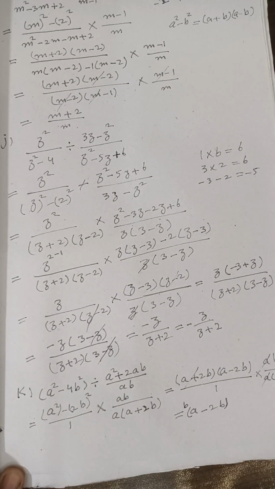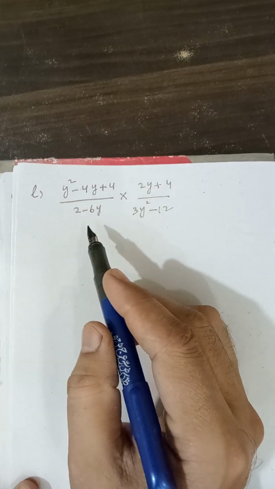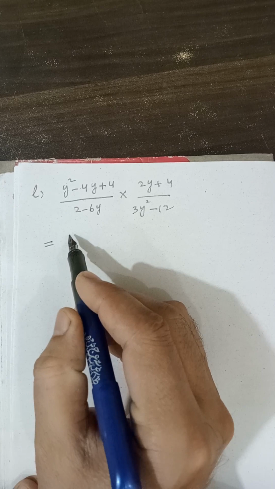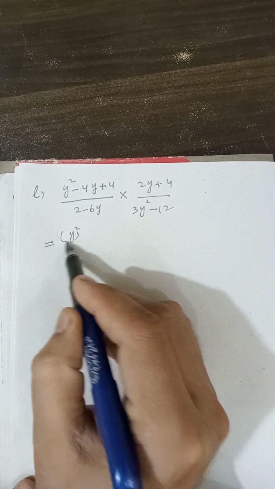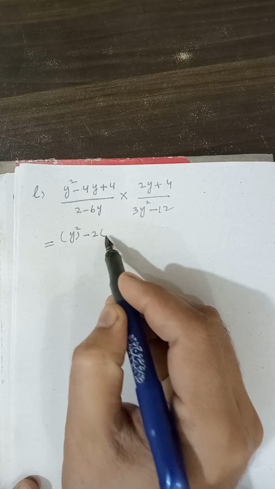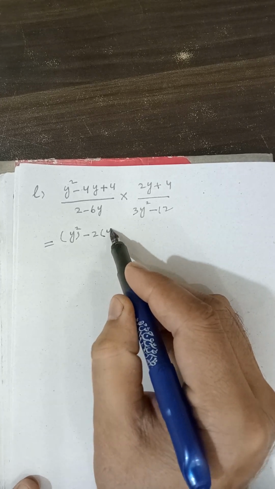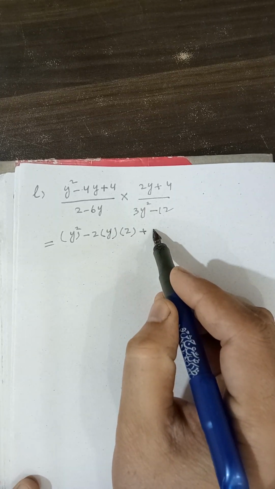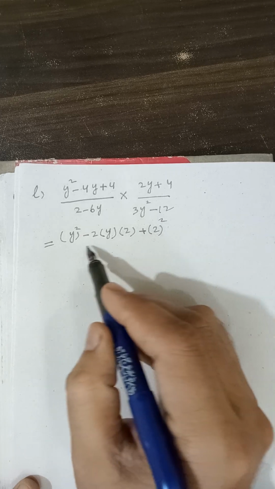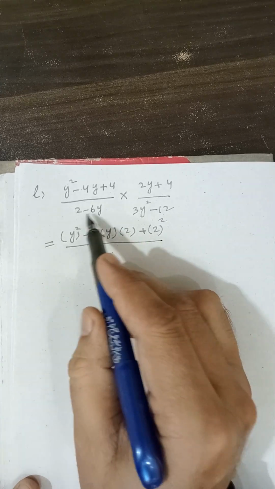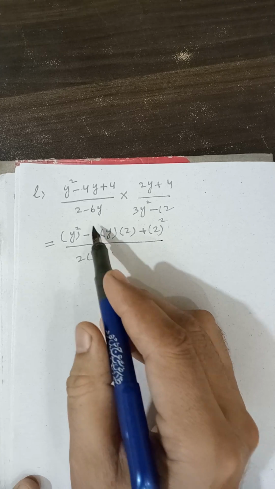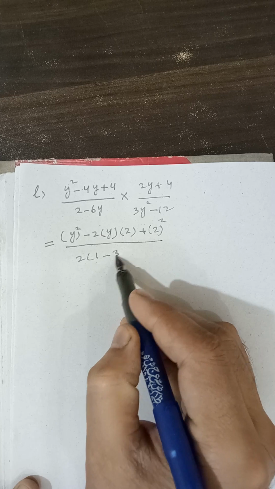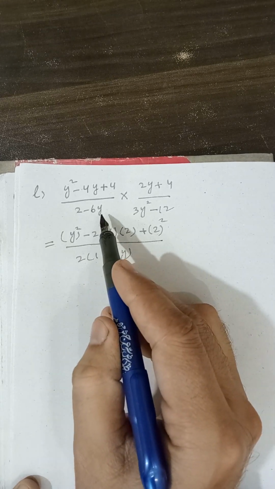This is our answer. Dear students, see now, in the numerator you can apply the identity: y square minus 2 square, with y here, and 2 from this b, and b square, that is 2 square, and take 2 as common, and 1 will be in place of 2, and minus 3y will remain inside the bracket from the denominator.